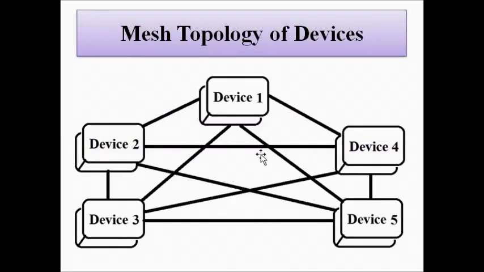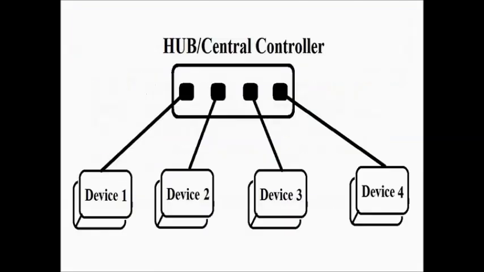In the mesh topology there is a lot of wiring involved because each device is connected to every other device. This is the mesh topology which we discussed in the previous video. In star topology, a lot less wiring is required because the devices are not connected to each other. They are only connected to the central hub. Therefore a lot less cabling is required, and that's why the installation process is very fast, smooth and easy.